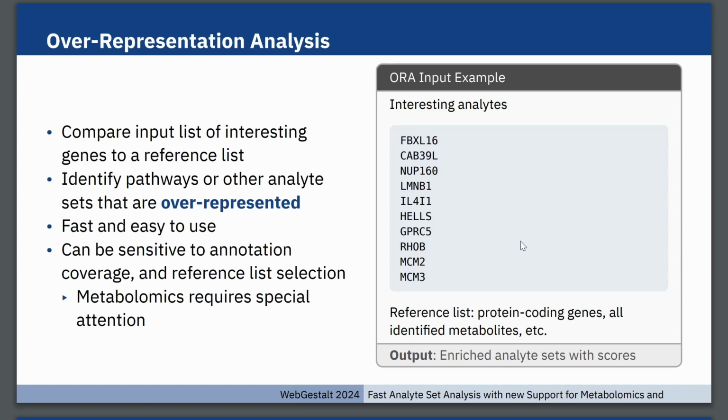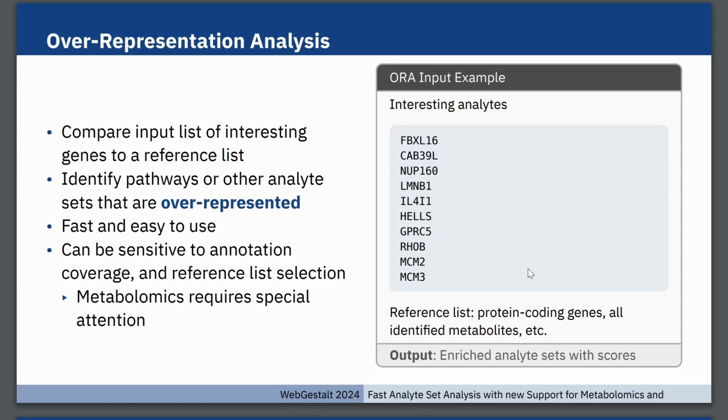We provide a lot of default reference lists, but for metabolomics data, we found that identification varies from study to study, and so it's really for overrepresentation analysis specifically. For metabolomics data, we recommend that you provide that reference list by yourself. But for RNA and gene data, we already have predefined reference lists that are good enough to use.